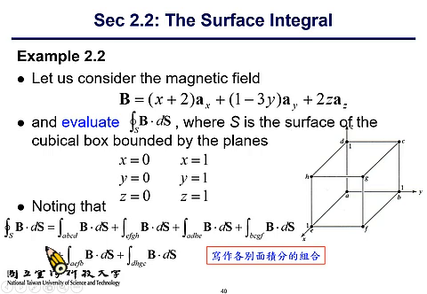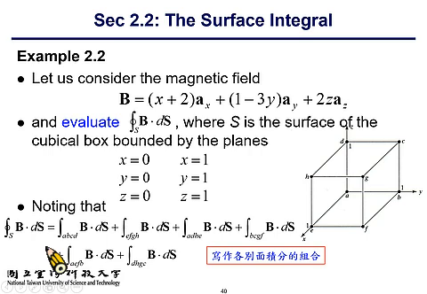And we want to calculate the flux flowing out of a cubical box enclosed by the origin and point G, which has coordinates (1, 1, 1). As shown in this figure, you have a cubical volume, and a cubical volume has 6 surfaces: the front, the back, the left and right, and top and bottom.